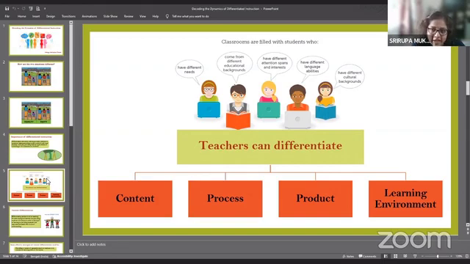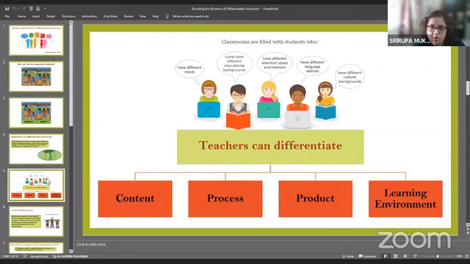So it's not enough to walk into a classroom, talk about whatever concepts I have to teach, and walk out. It is very important to ensure that whatever I'm talking about has reached my learners. And in order to ensure that, it is imperative that each and every educator adopts these different processes of differentiated instruction.